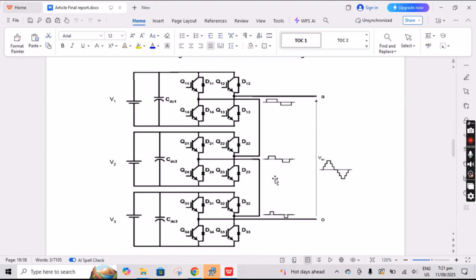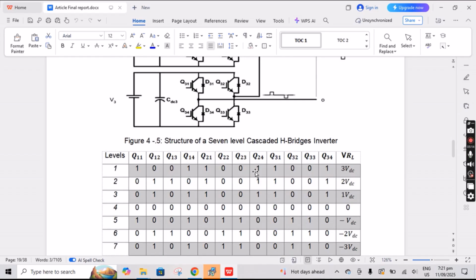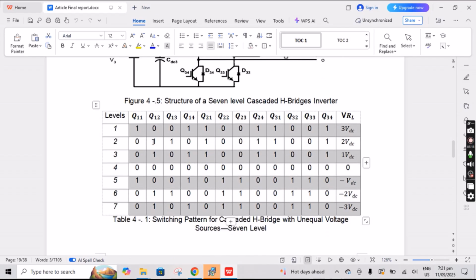Basically it uses 3 H-bridges, but it provides us 7 levels. These are the 7 levels, and the tables are added here.